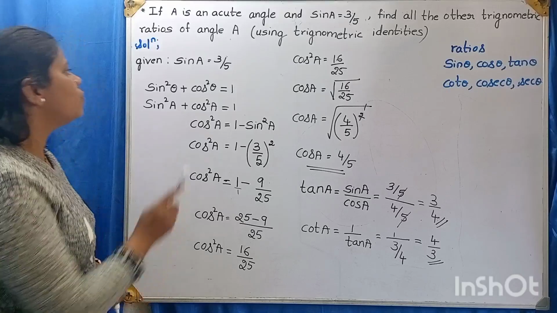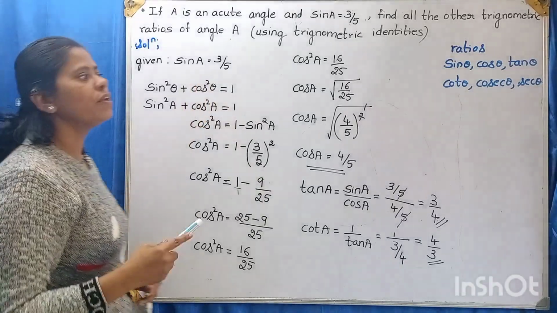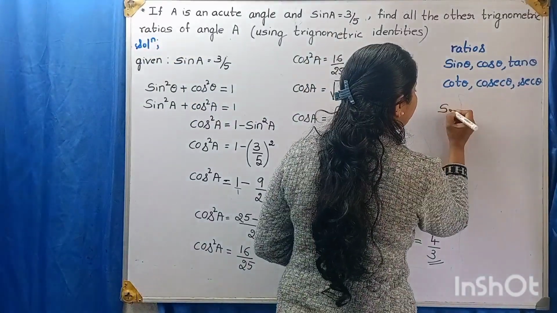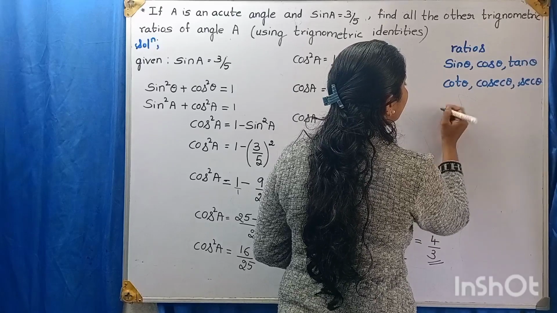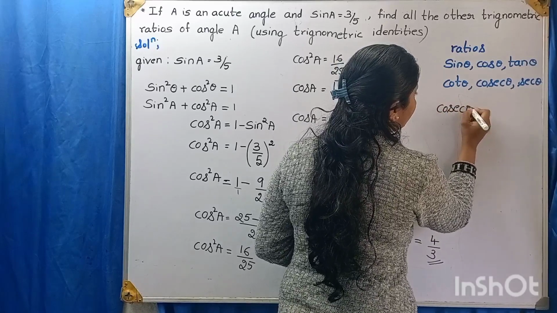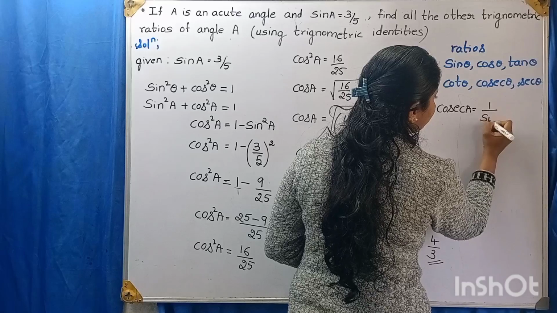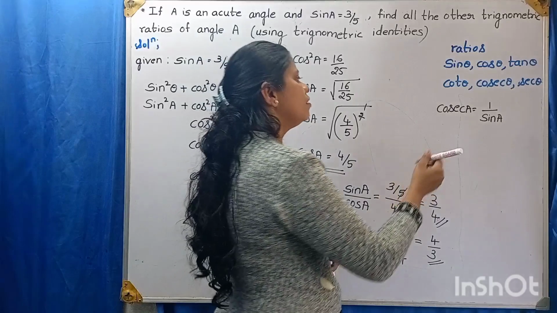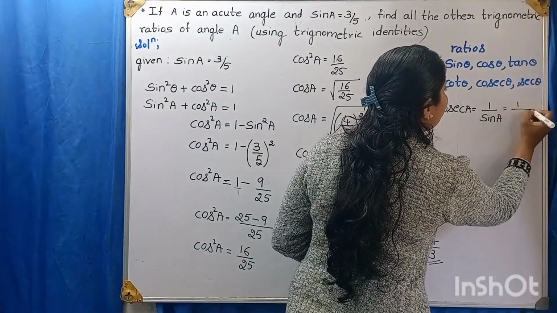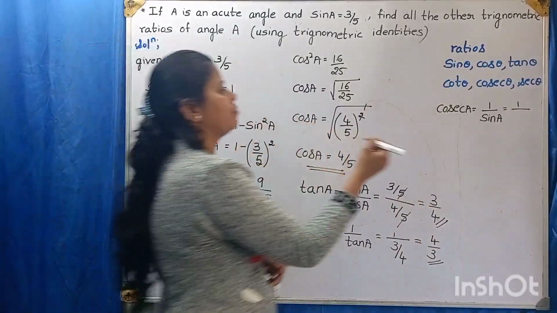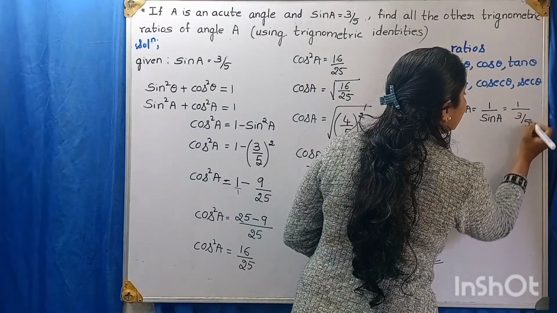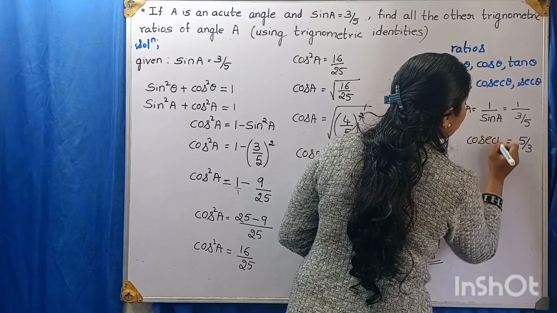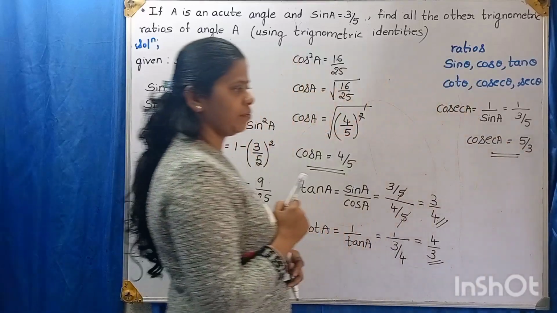Now, we know the value of sin A. So, we can find out the value of cosecant A, because cosecant A is equal to 1 by sin A. Cosecant is the reciprocal of sin. Therefore, it will become 1 by 3 by 5, that is 5 by 3. That is cosecant A is equal to 5 by 3.